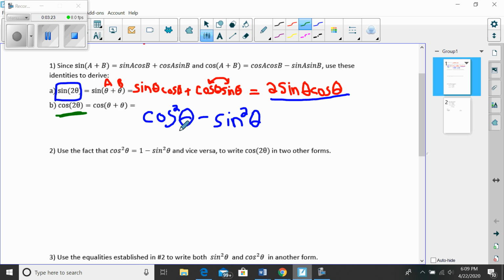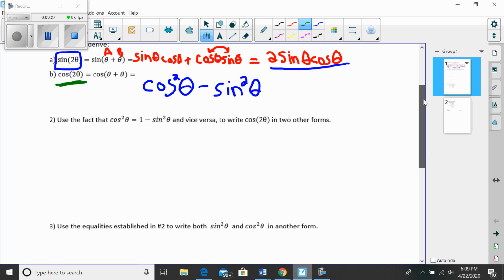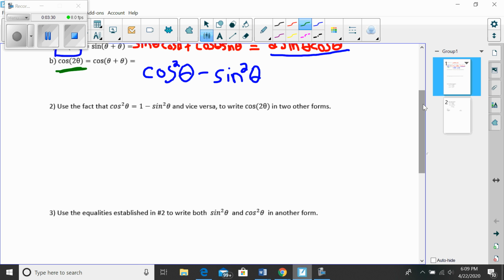Now, there's other ways of rewriting this expression. So as I mentioned in the last video clips, in trig, there are many, many ways to write the same equivalent expression. So what I can do is I can use the fact that cosine squared theta is equal to 1 minus sine squared theta. So I can take this expression here in blue. I can replace cosine squared theta with its equal, which is 1 minus sine squared theta.